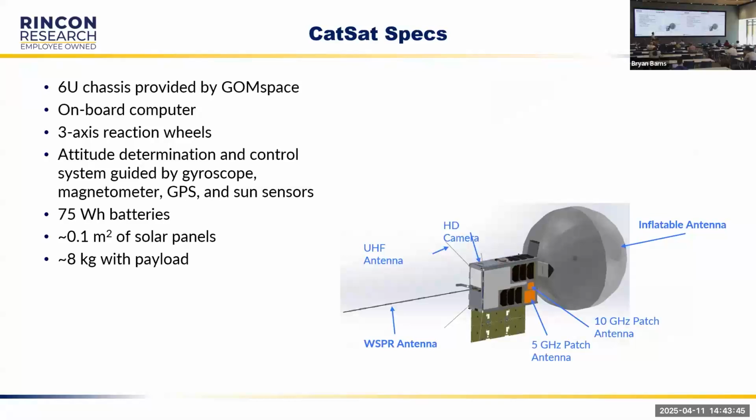So ta-da, it's CatSat. It's a spacecraft. It's in space right now, orbiting in LEO. For all intents and purposes, it's a full spacecraft. It knows where it is normally. It knows where it's pointing normally, and those are two important things to keep in mind. It has batteries, it's got solar panels, it's got a whole bunch of stuff.